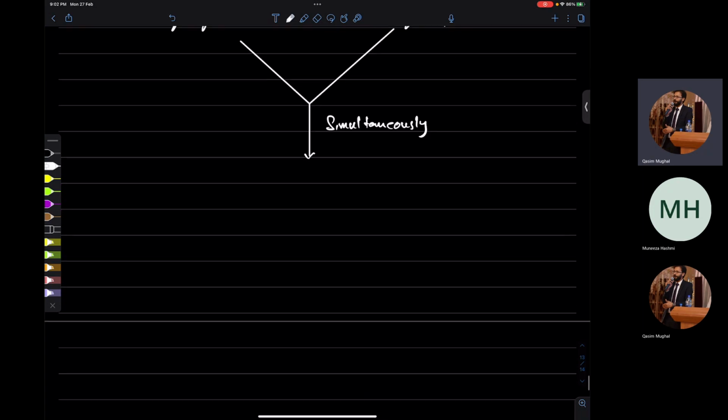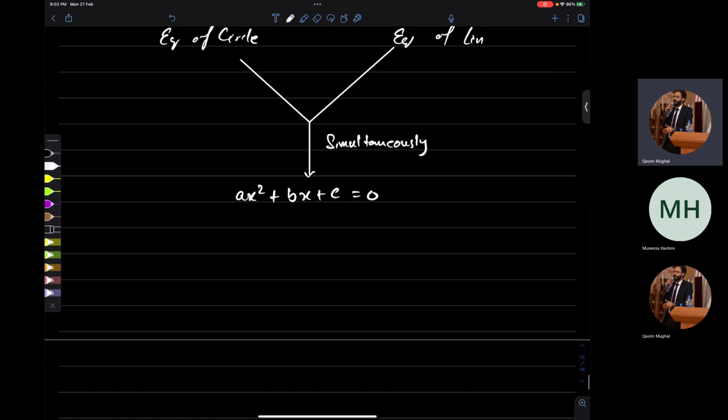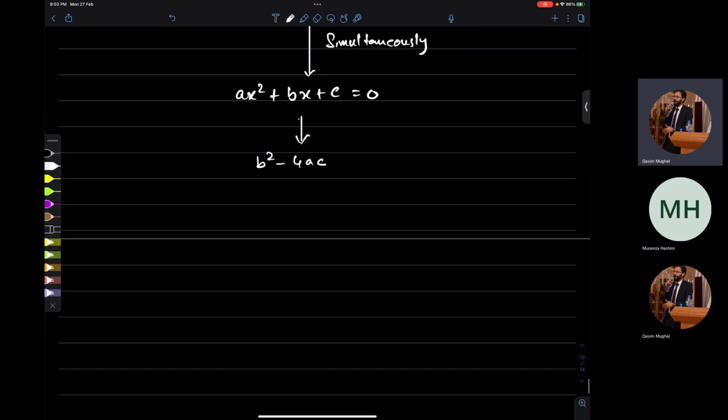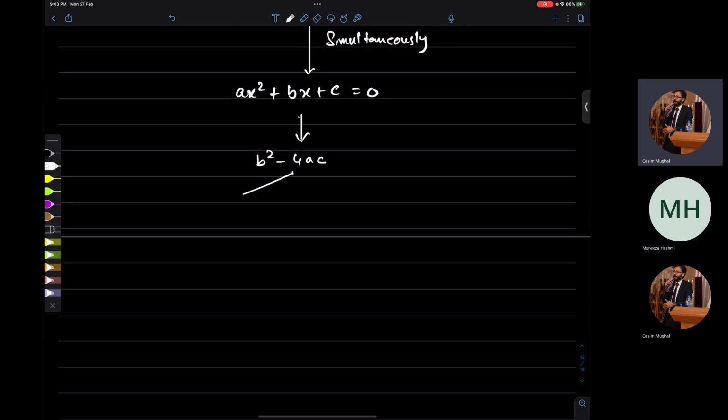Before you jump to the solution, you will always end up with some sort of a quadratic equation. Then you apply a discriminant test on it, b squared minus 4ac. From here we will have three possible outputs: the discriminant is less than 0, equal to 0, or greater than 0.